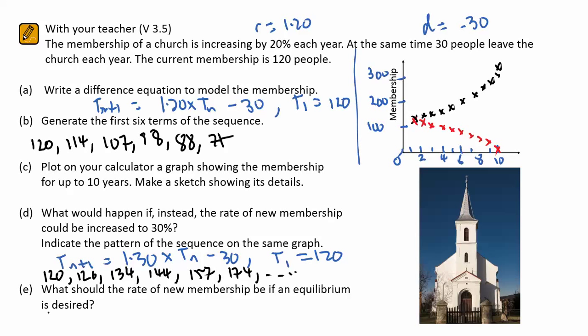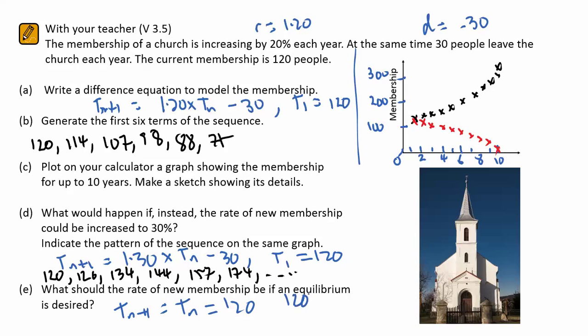Now for part E, rate of new membership if equilibrium is to be established. There's a couple of ways we can go about doing that. The easiest way, however, is to assume the equilibrium, which is t_(n+1) equals t_n is 120, and we can solve for that.